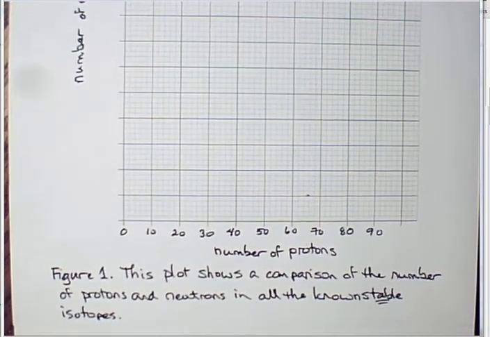There are no stable isotopes for any element with an atomic number greater than that of lead. There are no stable isotopes known for any element that has an atomic number greater than that of lead.